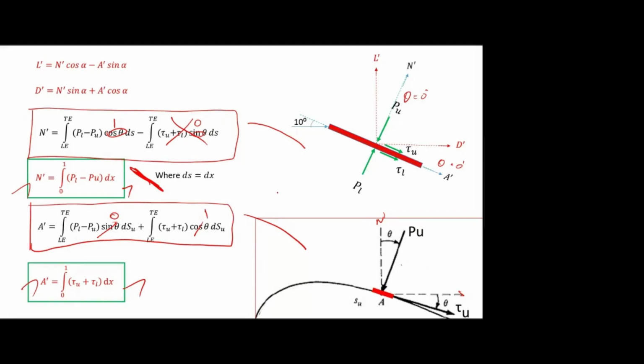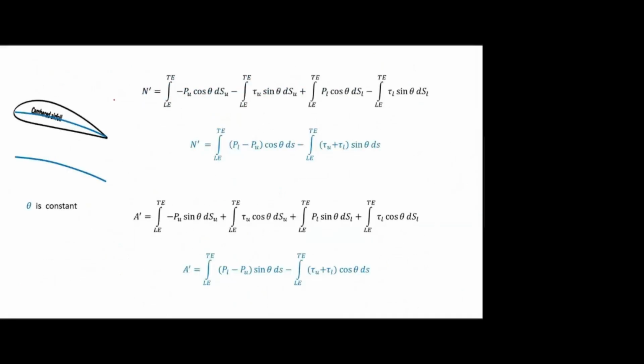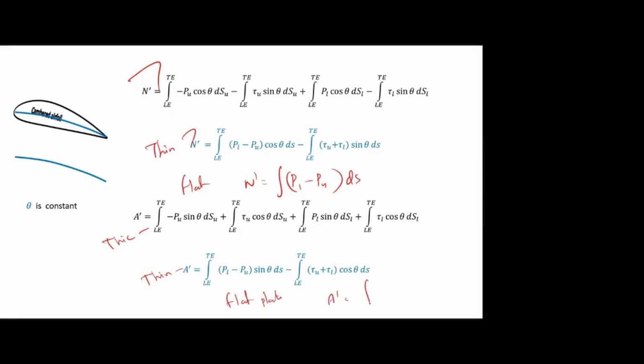Yes, sir. Okay. So that means this is for the thick aerofoil, this is for the thin aerofoil. Then for the flat plate, it should be integral of PL minus PU into ds. And for the flat plate, A dash is equal to integral of tau u plus tau L ds.